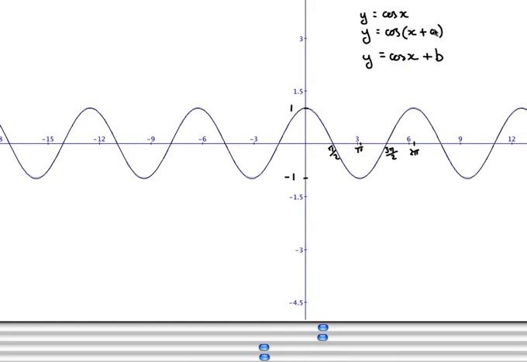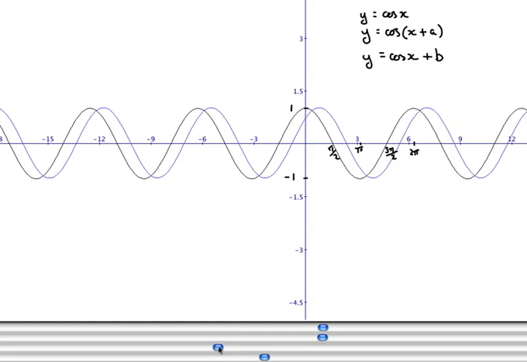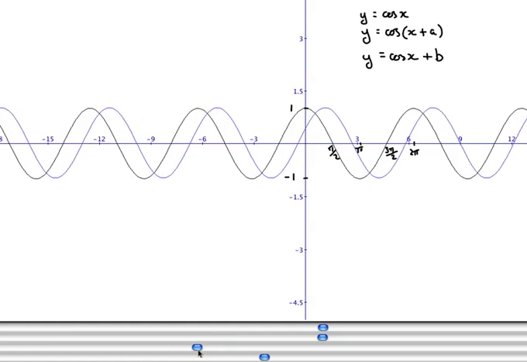Now, if a was negative, in effect with x minus a quantity, I'm sure you can think what's going to happen. Now I'm taking away values from x, making a negative, and the graph is moving to the right.